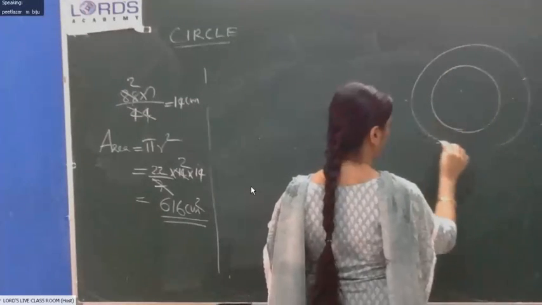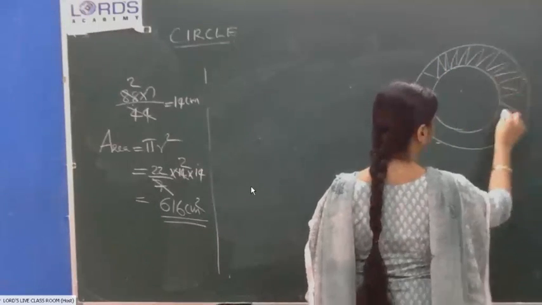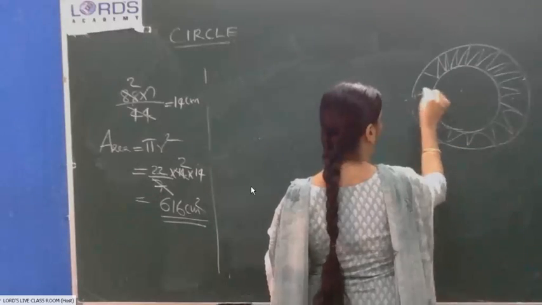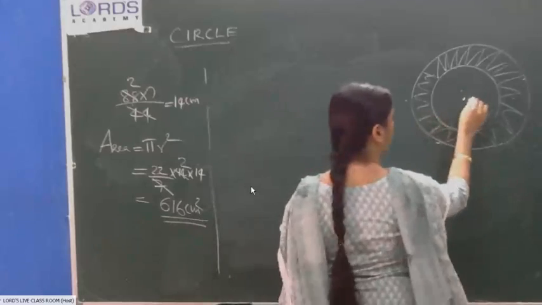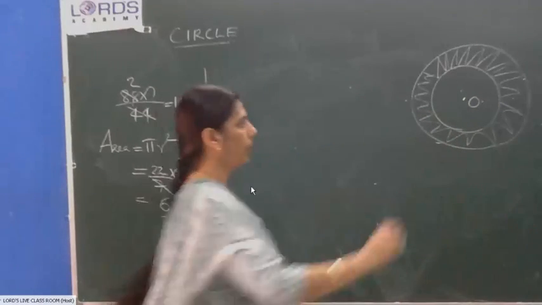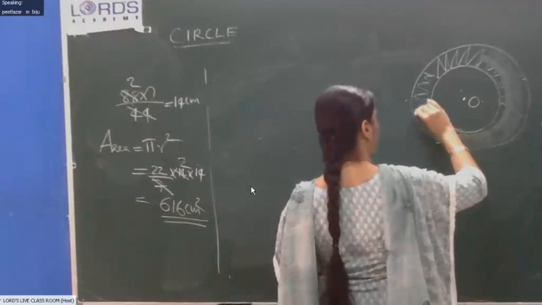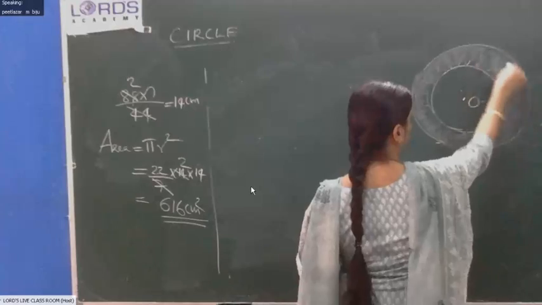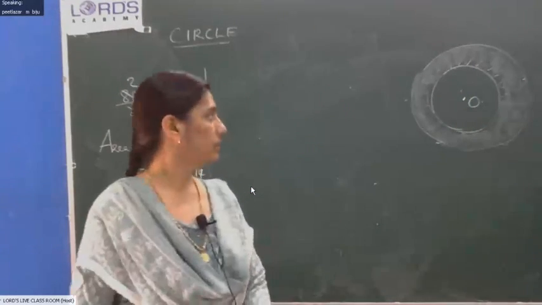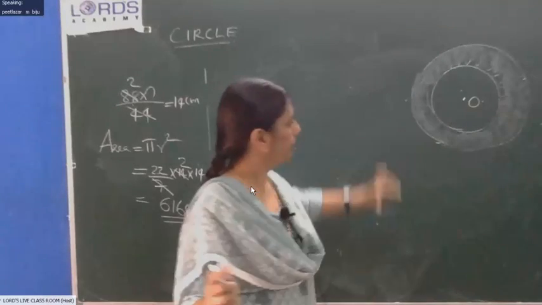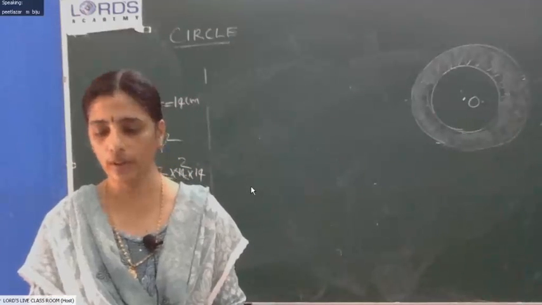All of you draw this picture. Quick. Shade it. Center O mark. Question once more.